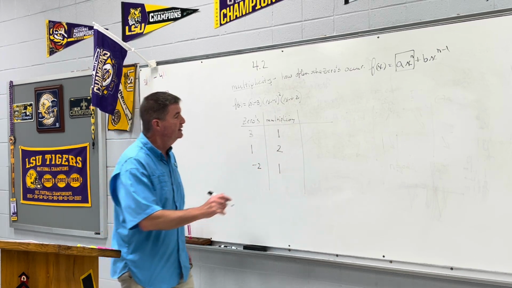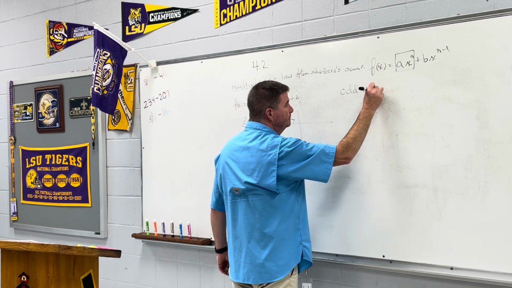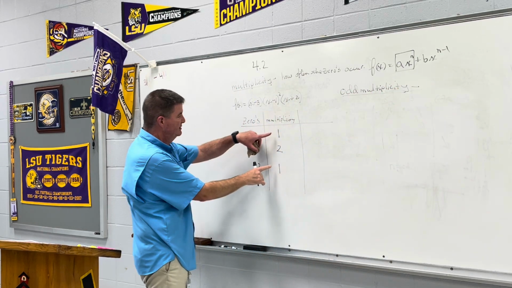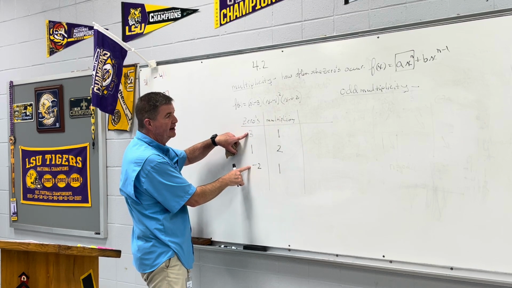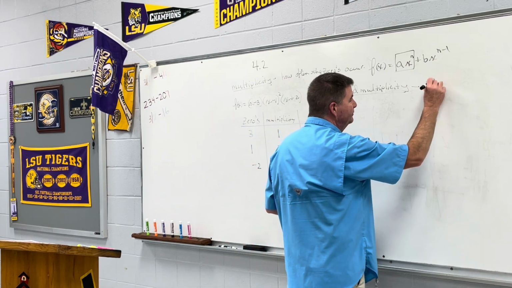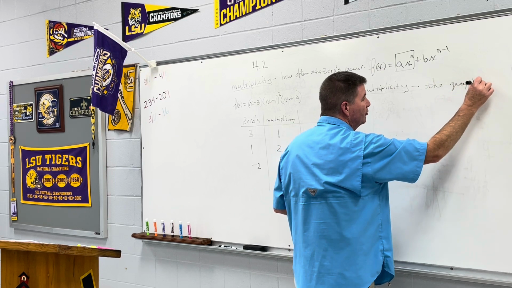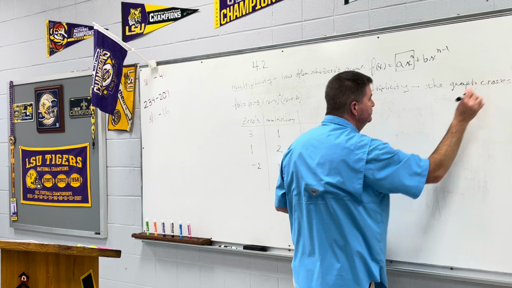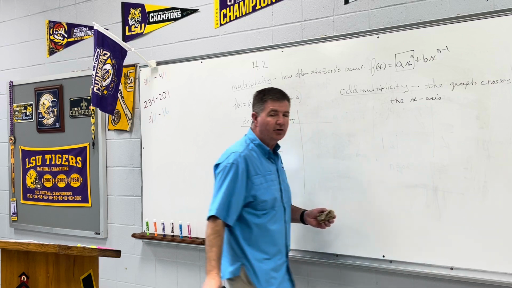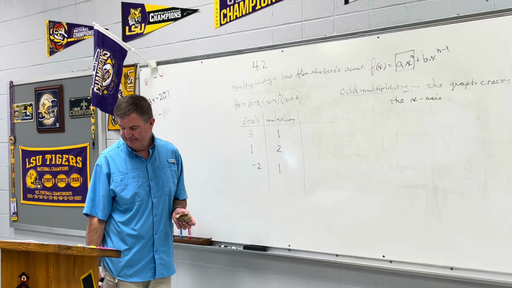If the multiplicity is odd, in this case the 3 and the negative 2 are odd, then the graph crosses the x-axis. It crosses the x-axis. And I'll show you that in just a second.